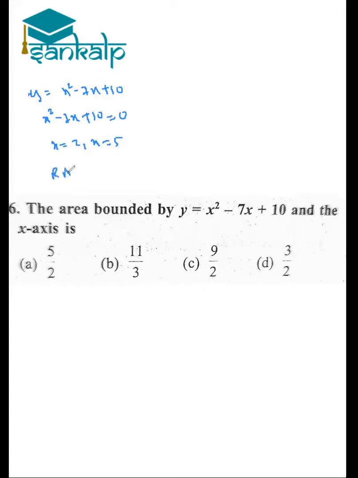So the required area will be from 2 to 5 y dx. On simplifying it further, the required area will be equal to integral from 2 to 5 of the value of y, x square minus 7x plus 10, dx.